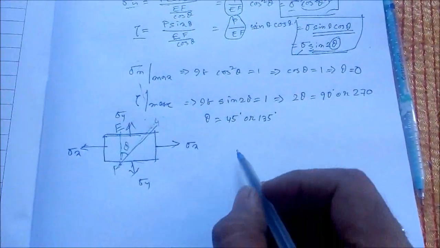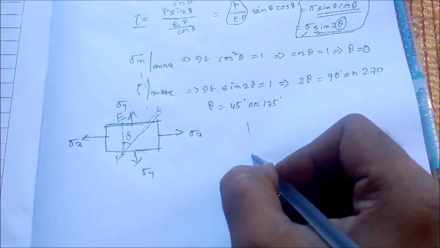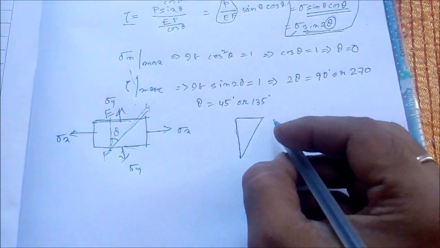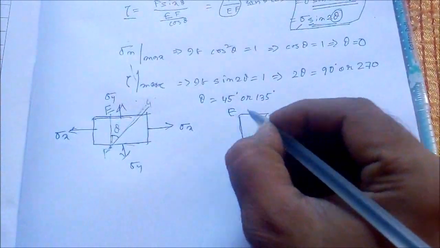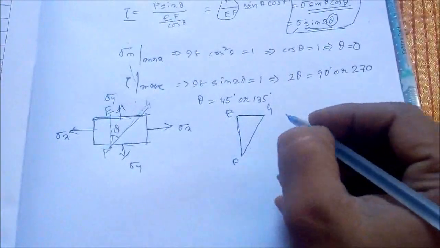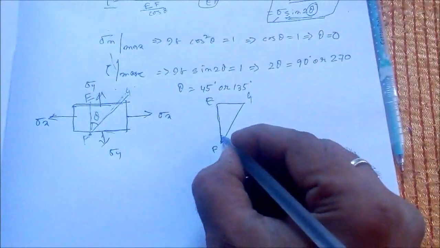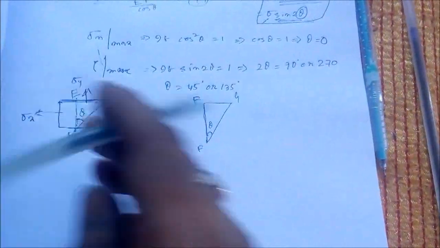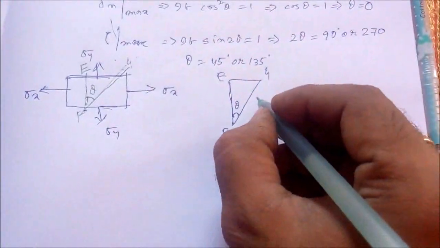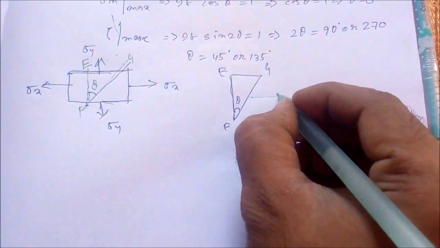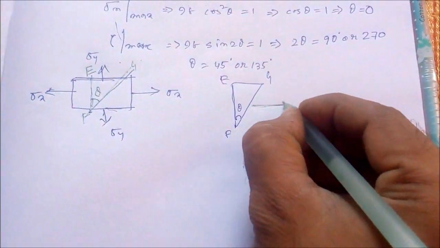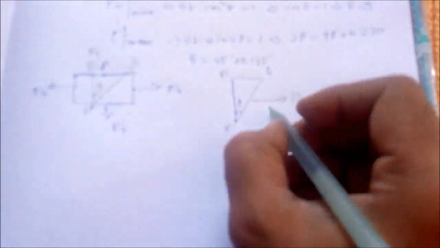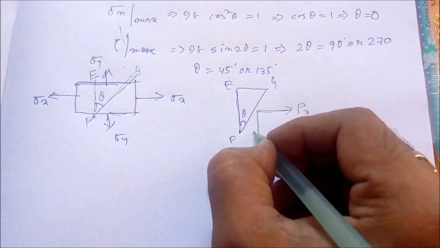Now again, if we consider the triangle EFG, this will be equal to theta, and two forces are acting over there, one in this direction. Suppose this is Px, the force, these are the forces, right? And Py.